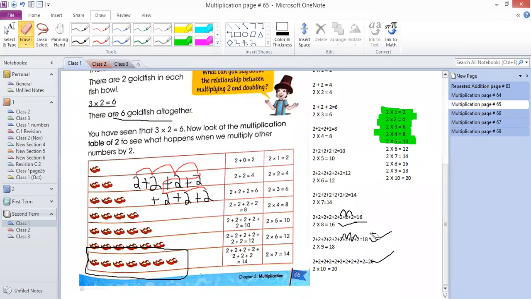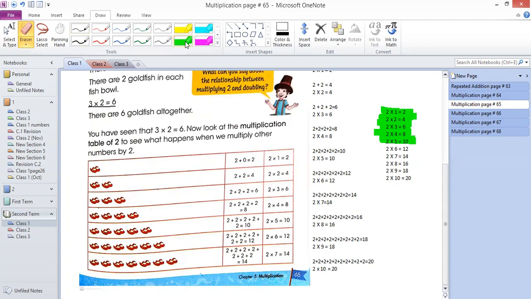So guys, table of 2 you have learned. You have seen that when you multiply 2 to different numbers, what results you can get. 1 times 2 equals to 2.